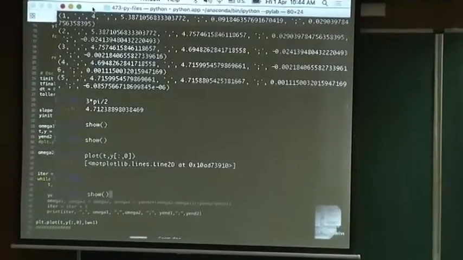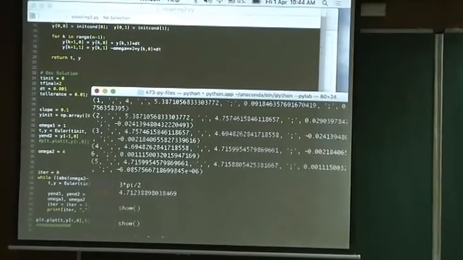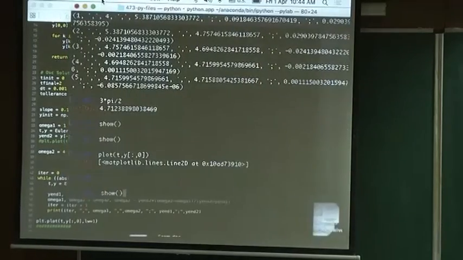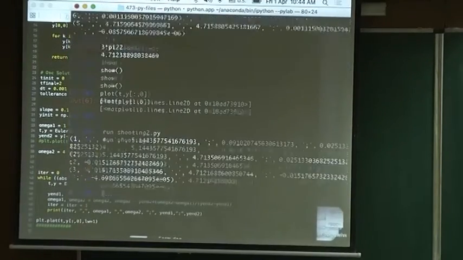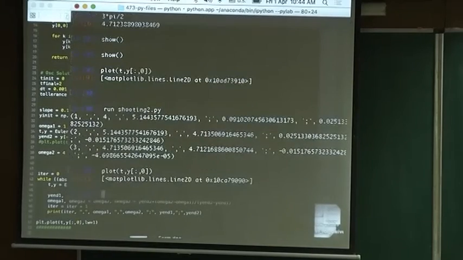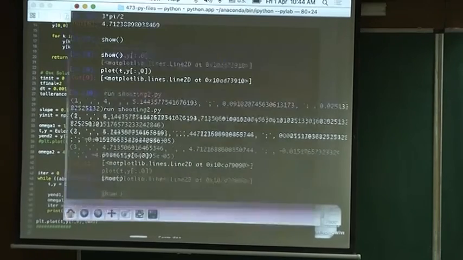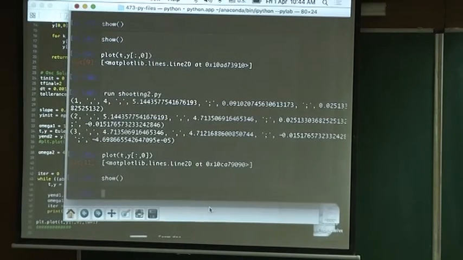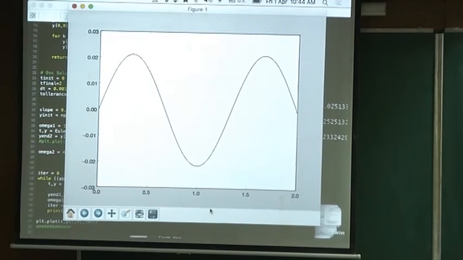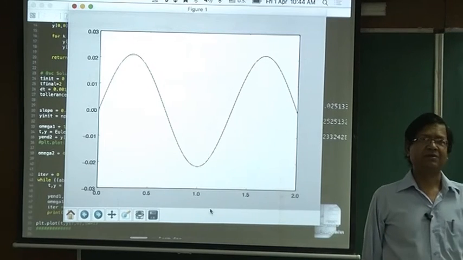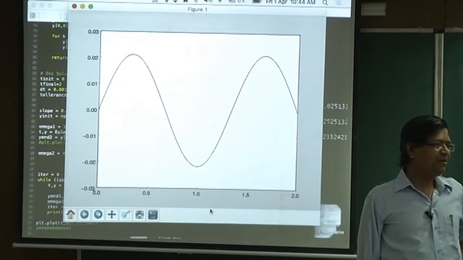Let's first kill this. Okay, so it is getting better. If you use RK2, it will get quite nice. Okay, so these are boundary value problems.